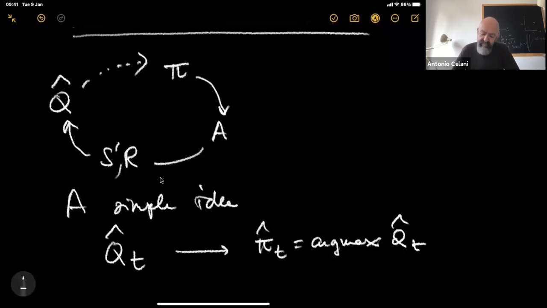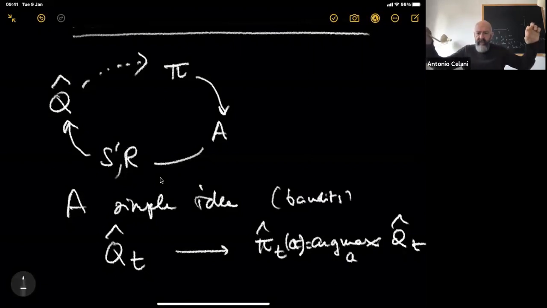Just again, now I fall back to the bandits situation. My policy would be the one where I pick the argmax. So I have one vector, which is my current estimates of what the qualities of each arm are, and I pick the one which has the largest Q.